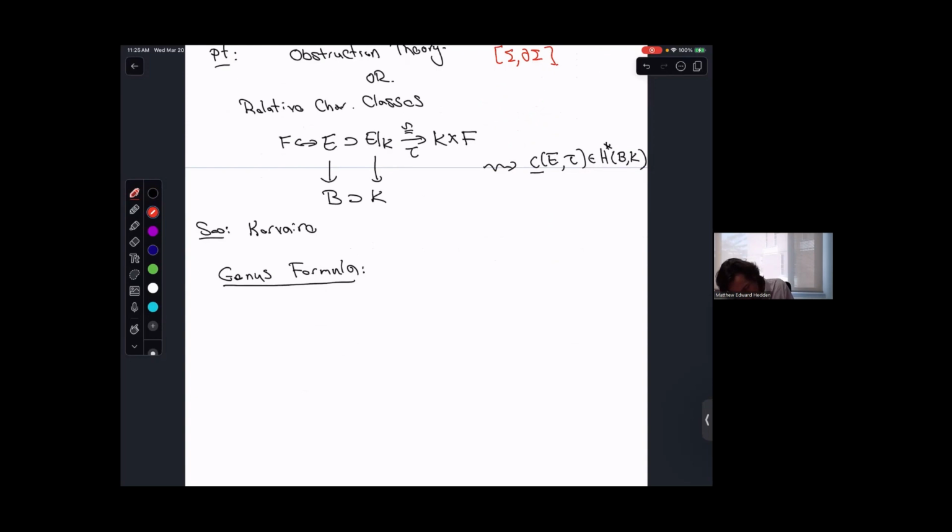So, given everything as above, I claim that there's the following formula: if I evaluate the absolute Chern class of X on sigma, that's a relative homology class.